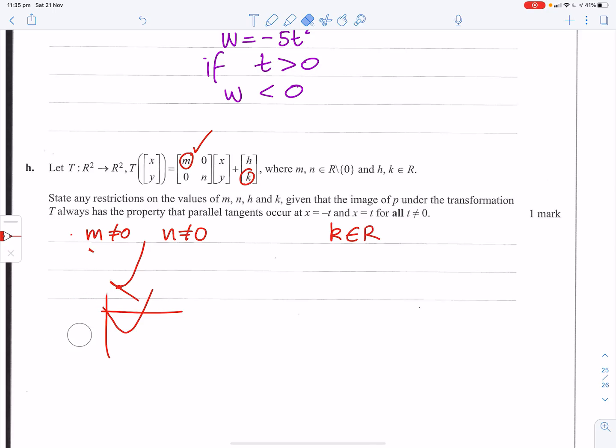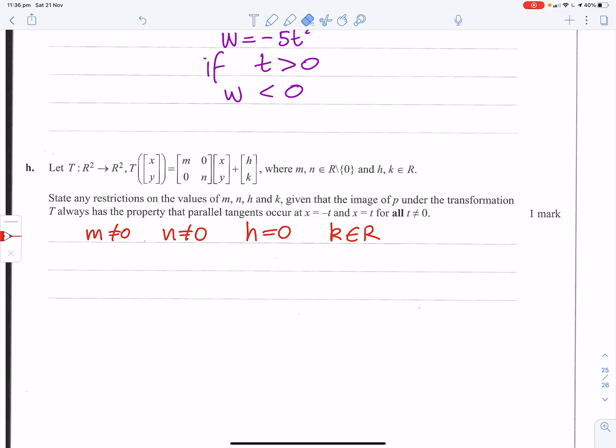H moves it left and right. So if I have a graph that looks like this, if I move it to the right, that value there and that value there are not t and negative t. They aren't correct. So k can be any real number. However, h is going to have to equal 0 because we can't move it left and right.